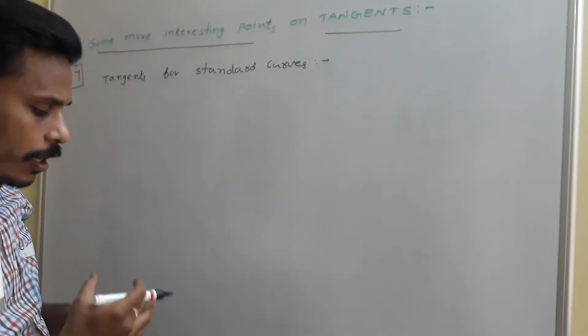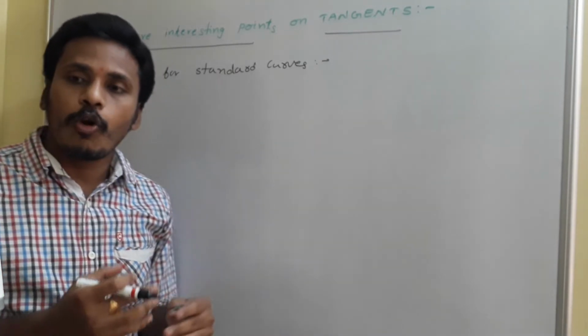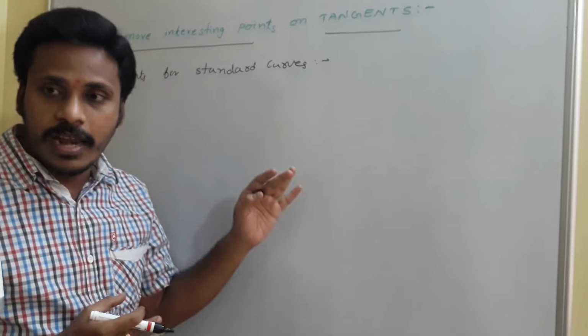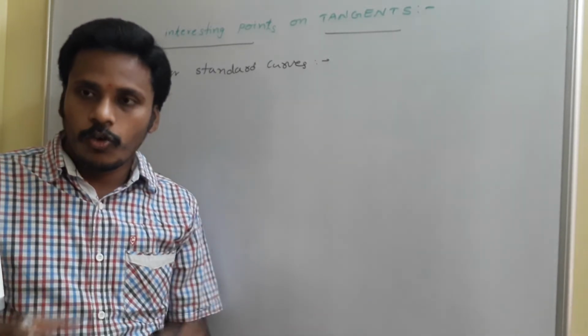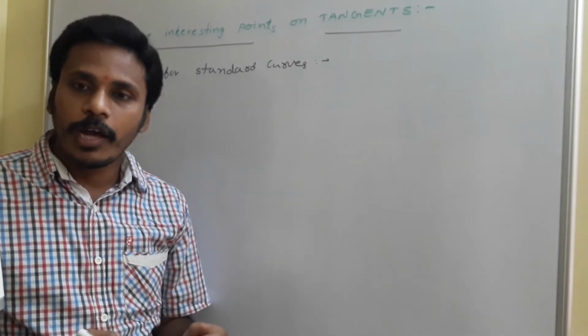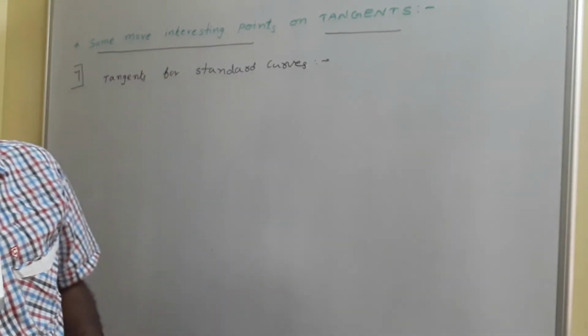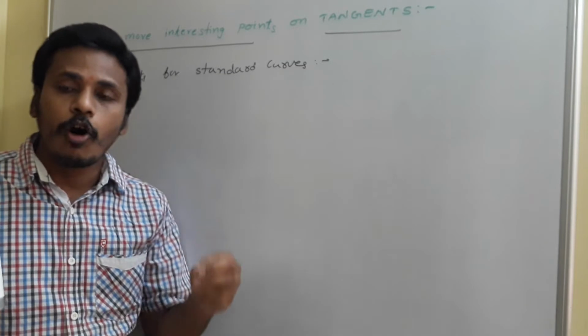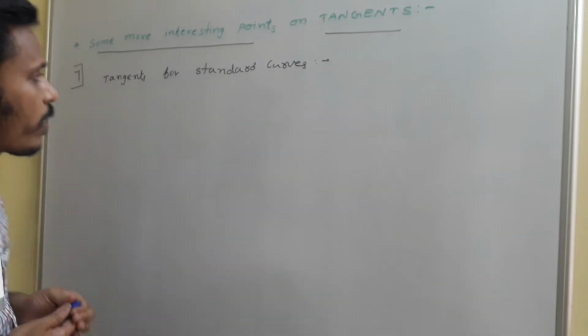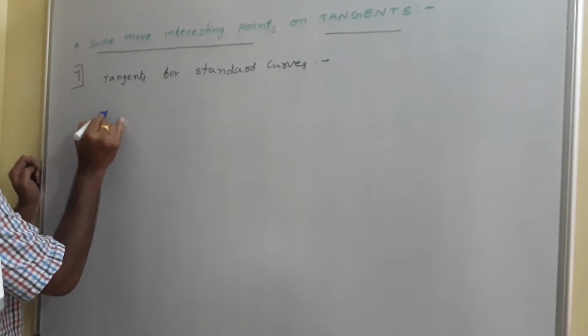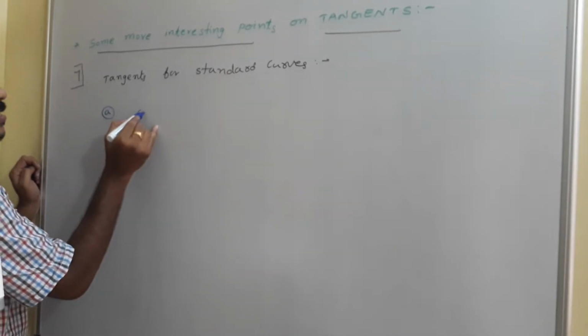Usually we face different problems related to the tangents for the standard curves in the conic section of coordinate geometry. Here, as a part of tangents and normals, it is a must to know the general form of the tangents for the standard curves. Among those, the first one is the circle.